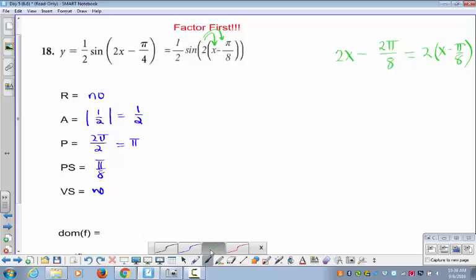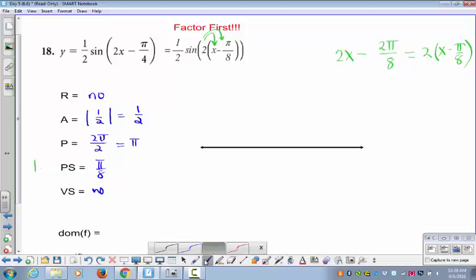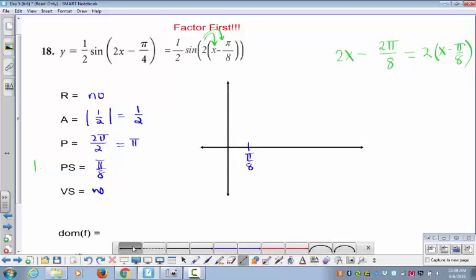All right, step 1, phase shift. So we have to draw a horizontal axis, and we have to put our phase shift on there somewhere. Now in this case, the phase shift is to the right of the y-axis, so it doesn't really matter where we put the y-axis. The y-axis becomes much more important if the phase shift is to the left of the y-axis, because then the y-axis has to fit exactly right inside that interval from the phase shift to the phase shift plus a period.